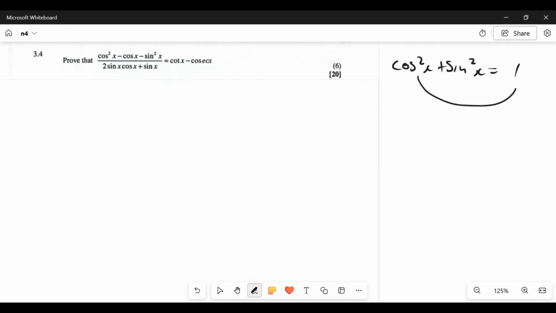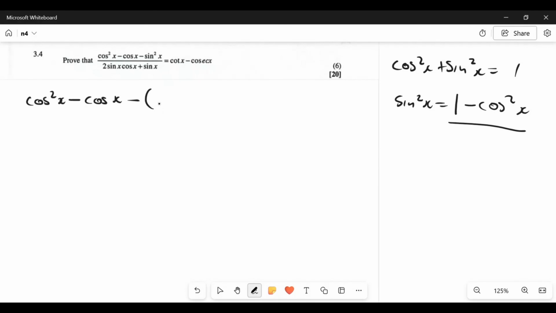If we transfer this cos to the other side, we will be left with sine squared x equaling 1 minus cos squared x. There we go. So let's do it. We're going to start with cos squared x minus cos x minus. Then instead of writing sine squared x, we're going to write 1 minus cos squared x, 1 minus cos squared x. There we go. Divide by.